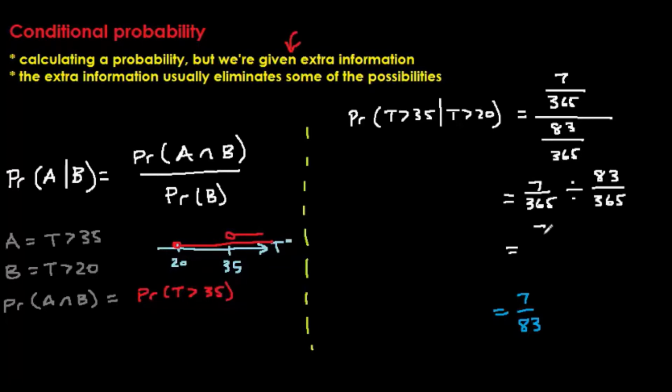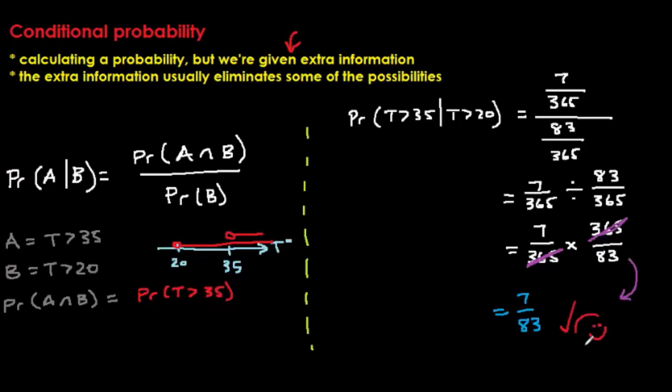I tip and times. That's 7 over 365 times 365 over 83. And then I get out my magic cancelling pencil and I see that I've got a whole lot of 365s here. So that disappears and that disappears. And I end up with 7 over 83 as my probability.